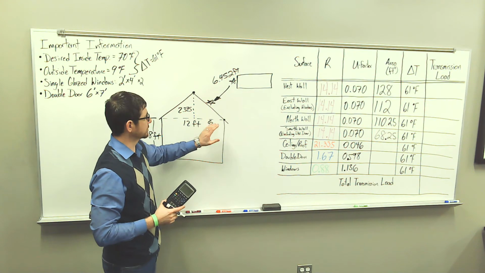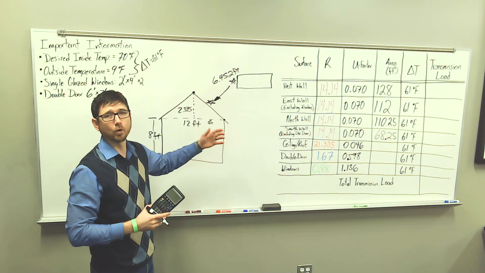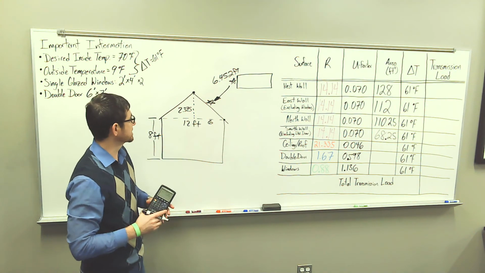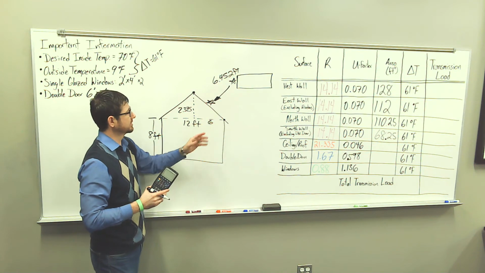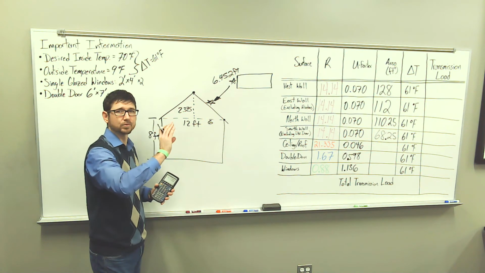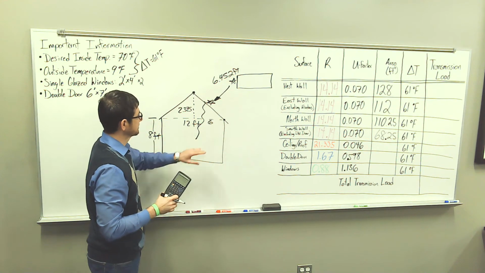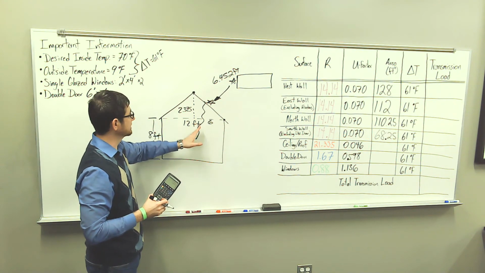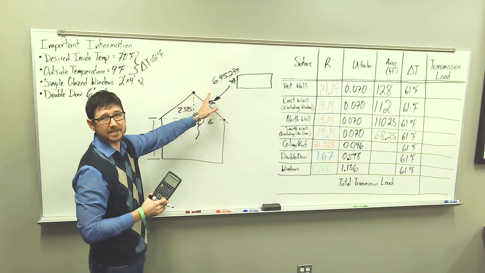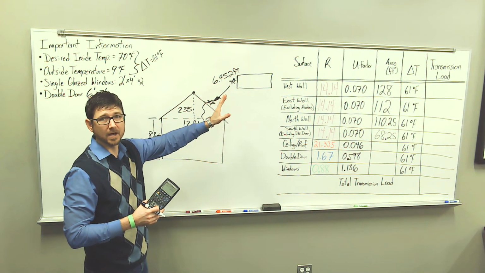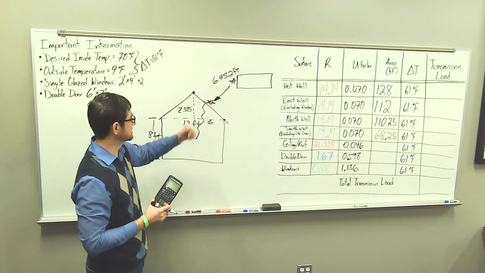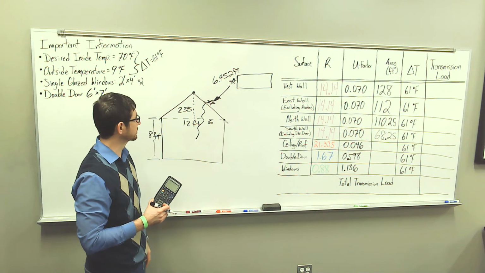Now we're not concerned about the overhang of the roof. It's only the surface that heat can come through at the top, so on the inside, the heat that can rise to the inside of the shed, and we're going to lose that energy through the roof.